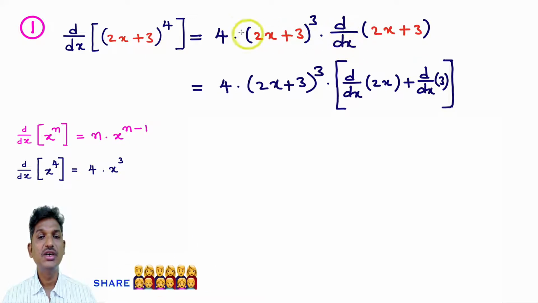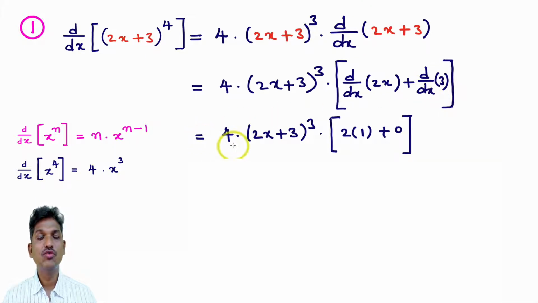So here I'll write this as derivative of 2x plus derivative of 3. That equals 4 into (2x plus 3) whole cube into derivative of 2x. Here you know the formula, derivative of ku is k into derivative of u, a basic rule we learned in the second class. So the derivative of 2x is 2 into derivative of x.